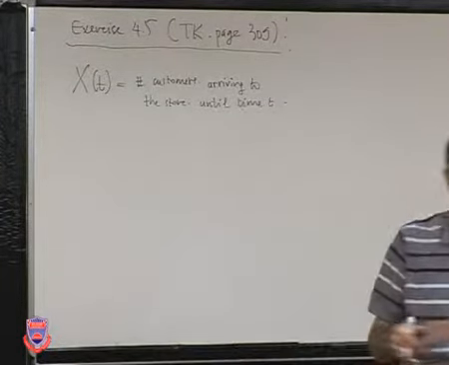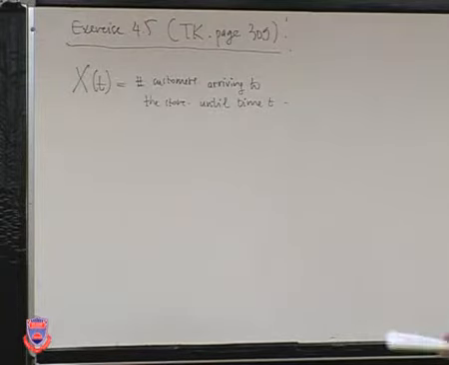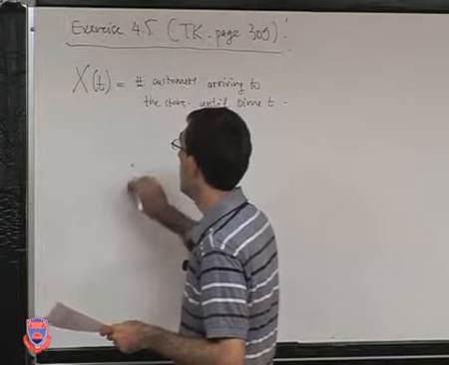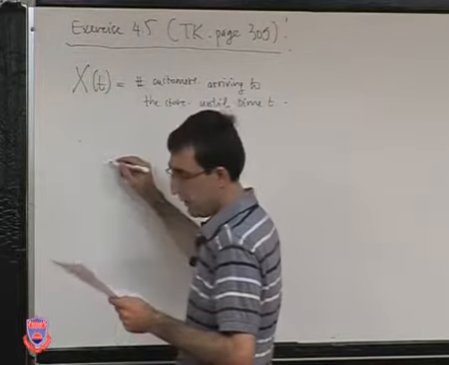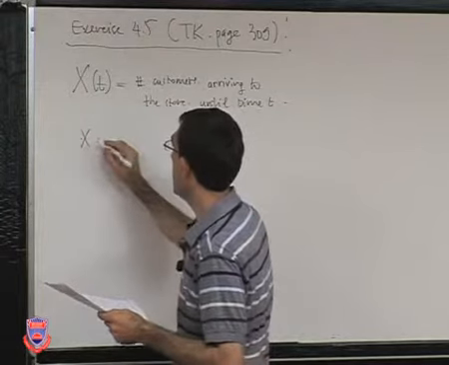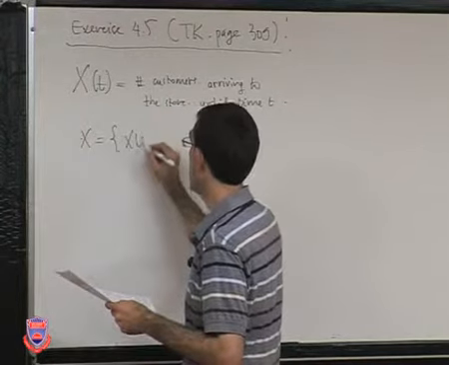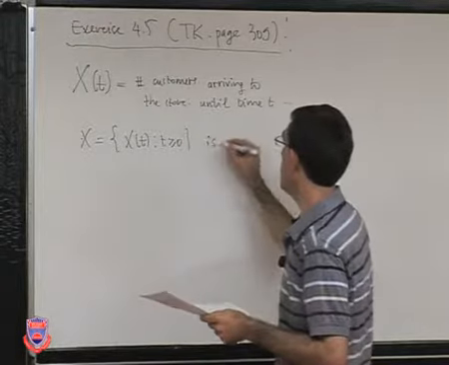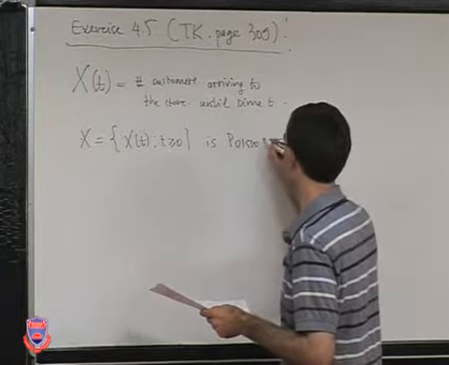We know that X, which consists of random variables Xt for each t, is a Poisson process.